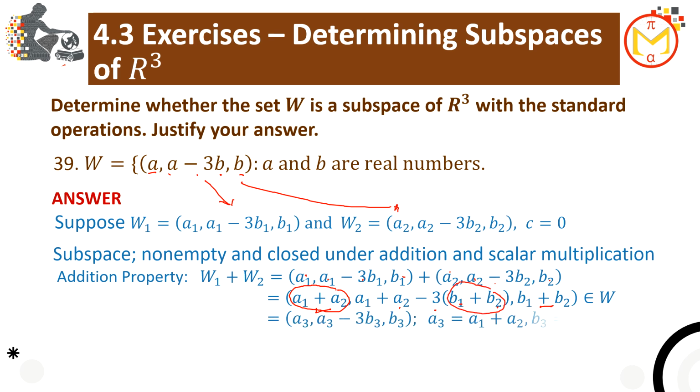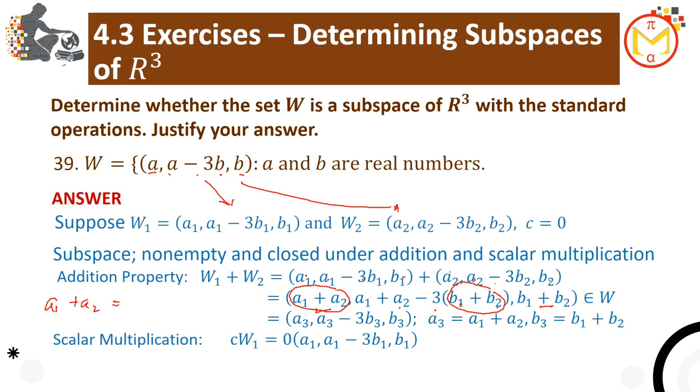Let's take a sub 1 plus a sub 2 to be equal to a sub 3, and b sub 1 plus b sub 2 to be equal to b sub 3. So what happens here is a sub 3, then a sub 3 minus 3 b sub 3, and the last one is b sub 3.